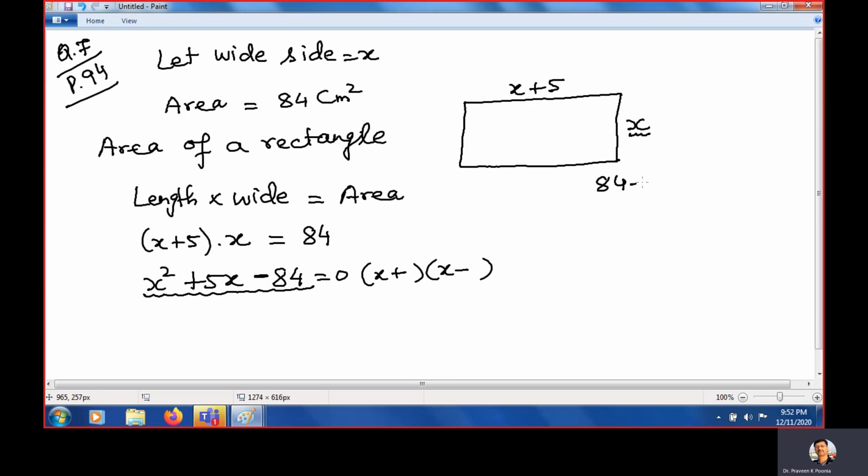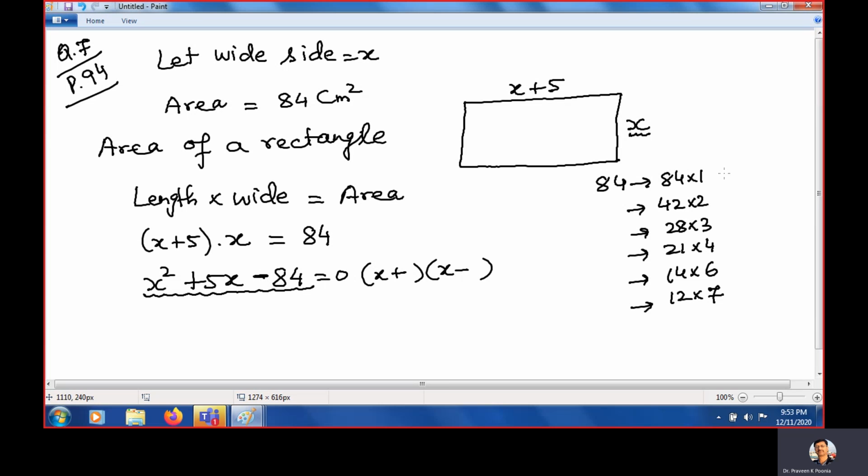Factors of 84: 84 times 1, 42 times 2, 28 times 3, 21 times 4, 14 times 6, and 7 is not possible, 8 is not possible, 9 is not possible, 12 times 7, and 8, 9, 10, 11 are not possible. Okay, these are the factors.